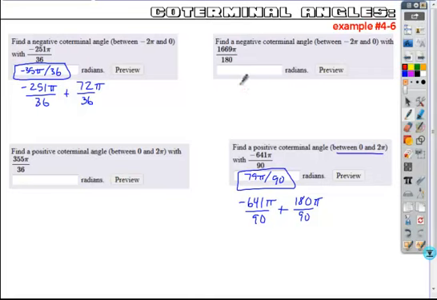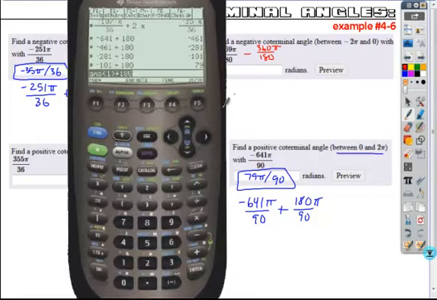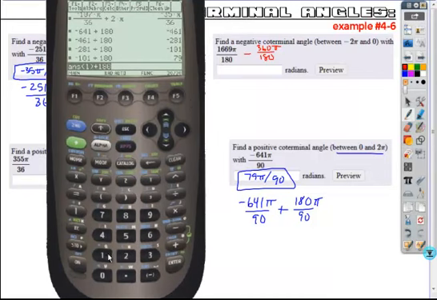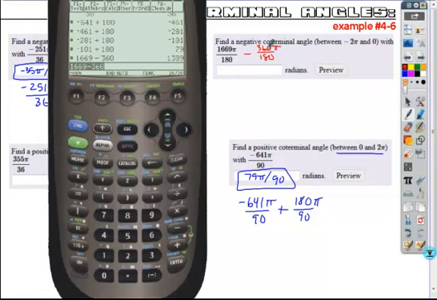This first example, we want to find a negative, so we're going to subtract. We're using fractions with a denominator of 180. 2 pi is 360 pi over 180. And so what I'm going to do is find multiples of that. So 1669 minus 360, I can keep going until I get my negative number that falls somewhere between negative 360 and 0.